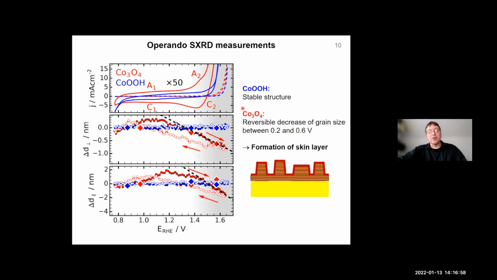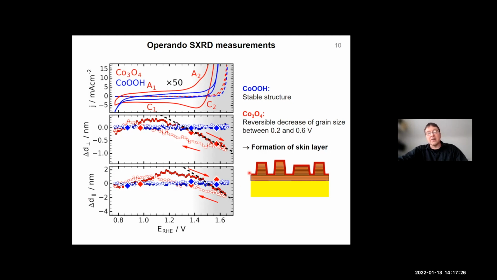It's different for Co3O4. You see here that at some point the intensity goes down, and then when we sweep the potential back, it recovers with some hysteresis, but that's mostly a matter of time. We can go through this curve several times, and it's always right on top of each other. It's very reproducible, and we see this in both directions.